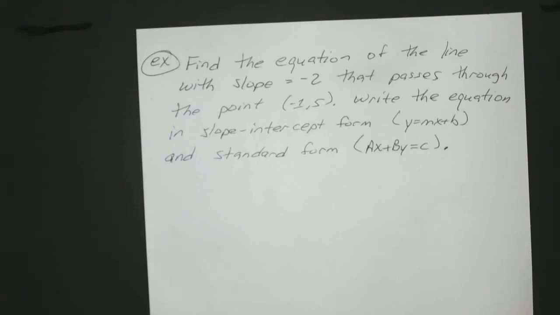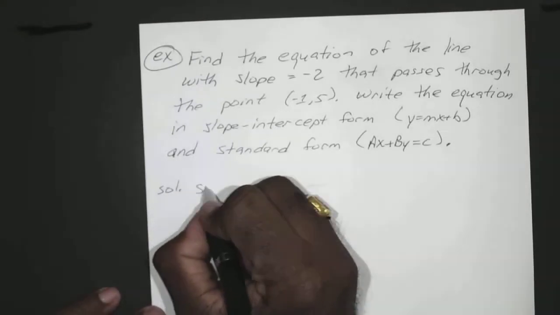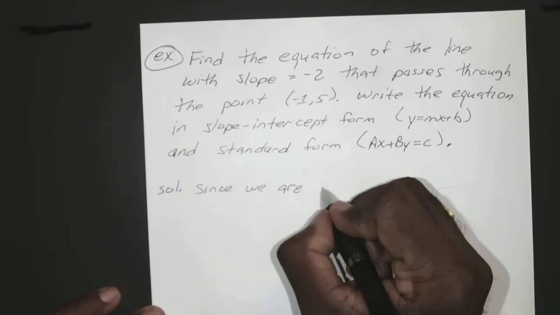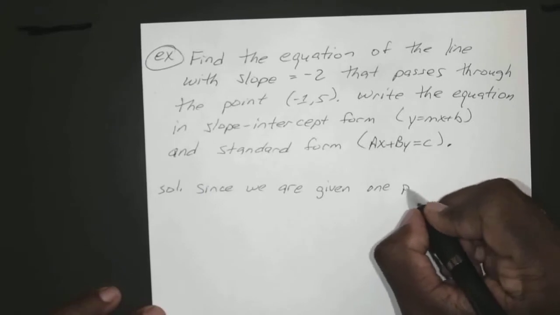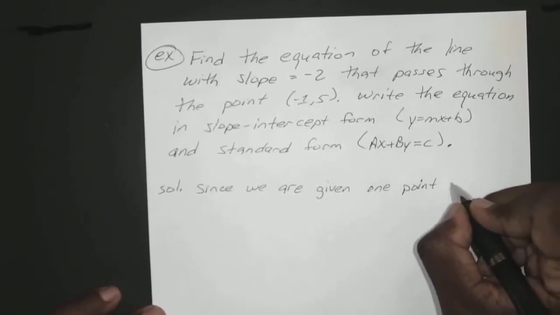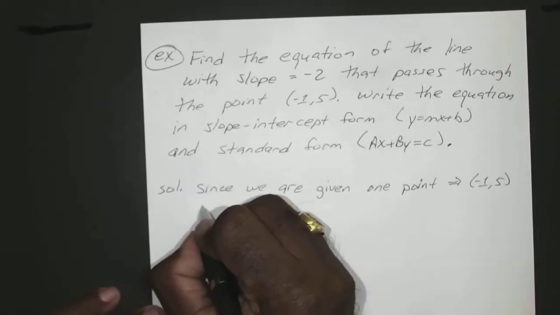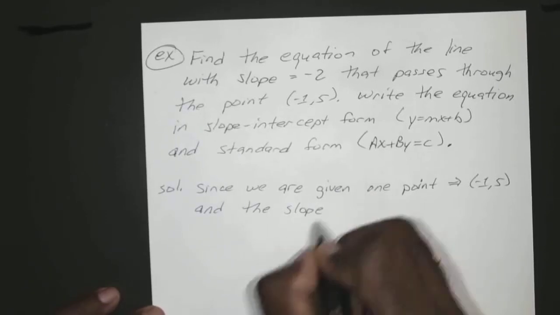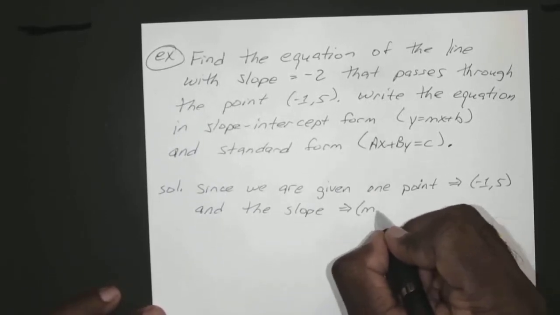So we know that we are given 1 point and a slope. Since we are given 1 point, remember that's negative 1, 5, and the slope, remember that's just m equals -2.